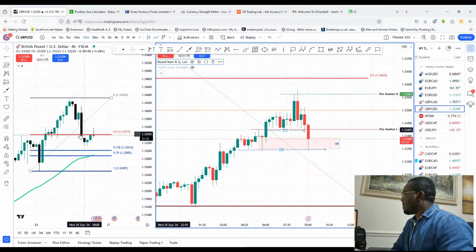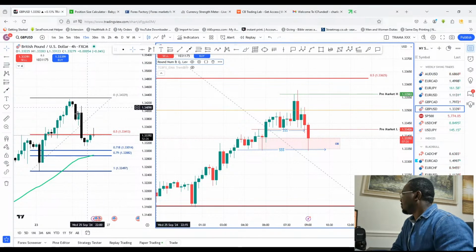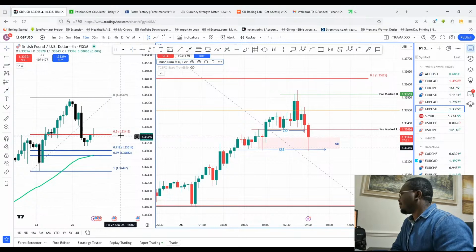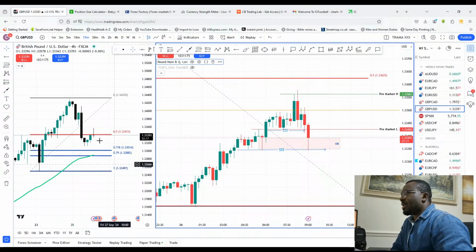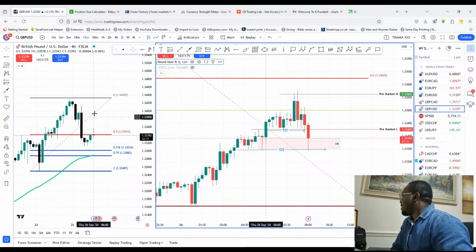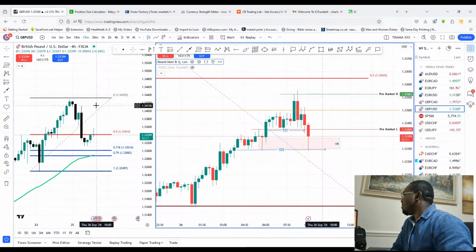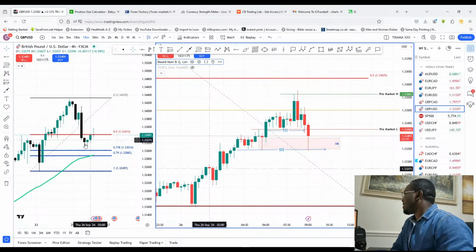So again, it was really difficult to buy from there, because I said we'll be trading at this level, which is a sell zone, but we don't want to trade in a sell zone. You get it? Trading in a sell zone, as in when you're supposed to be selling, you're buying. It doesn't make sense. So that's why price needs to come down a little and then give us the opportunity for that push up.